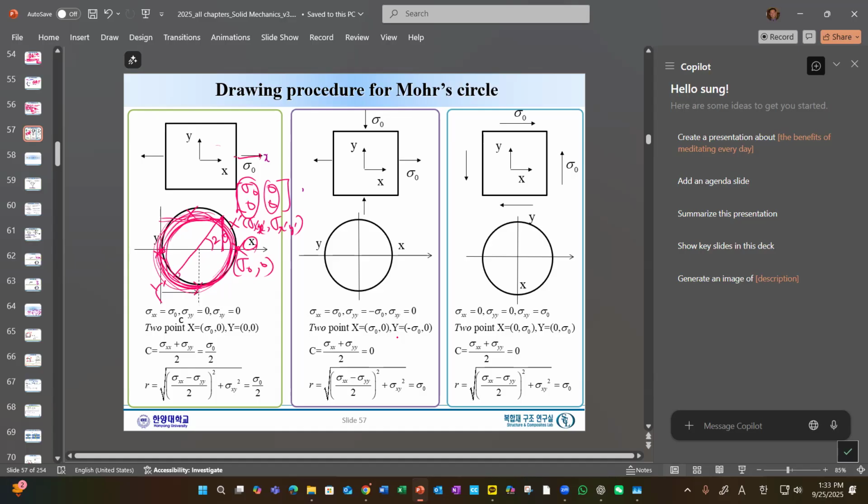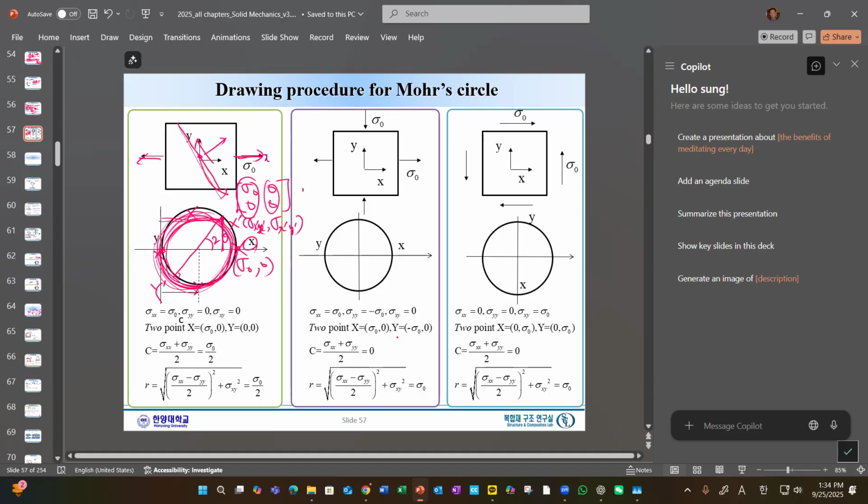Once this object is subject to a stress like that, we'd like to know how much normal stress and shear stress occur on an inclined surface.